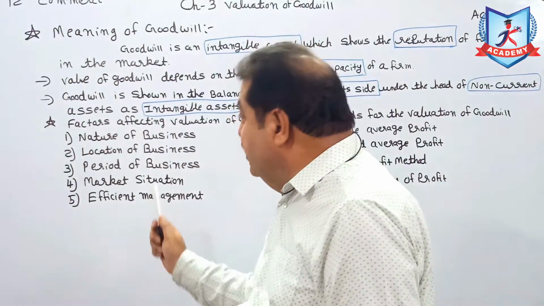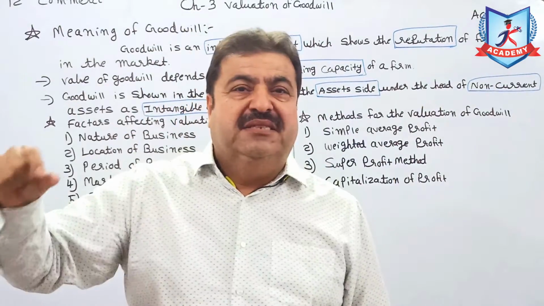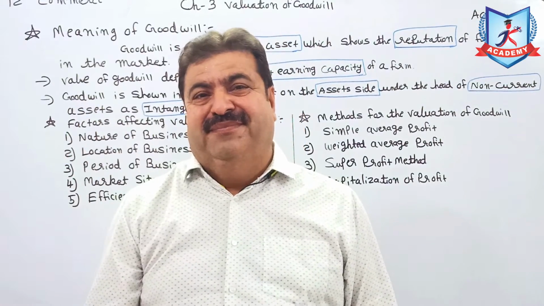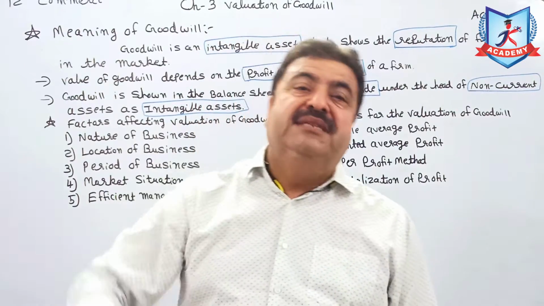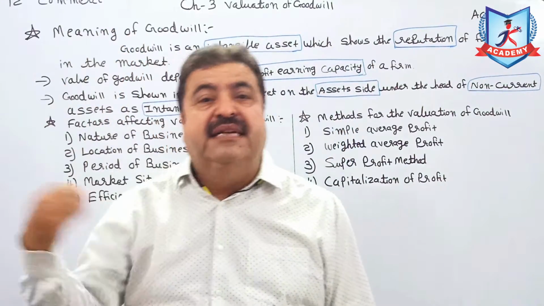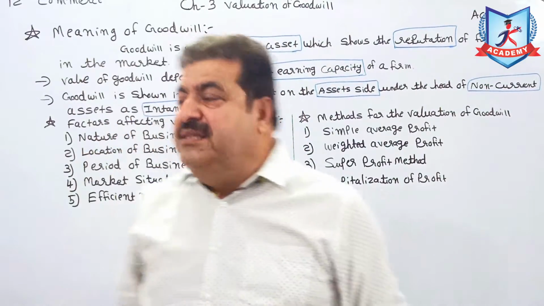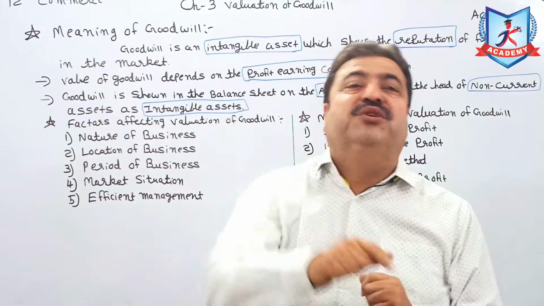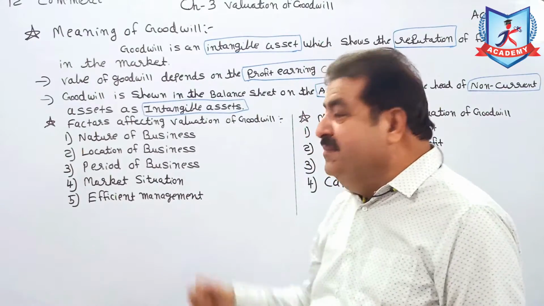Goodwill also depends on the period of the business. An older business has many customers, so reputation is more. If your business has been running for 25, 30, 40, 50 years, your goodwill is more because customers are fixed and they have faith in you. So the trust factor is very important.